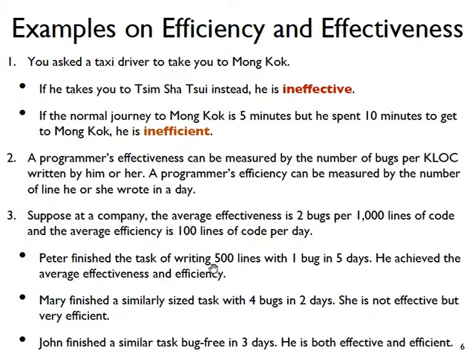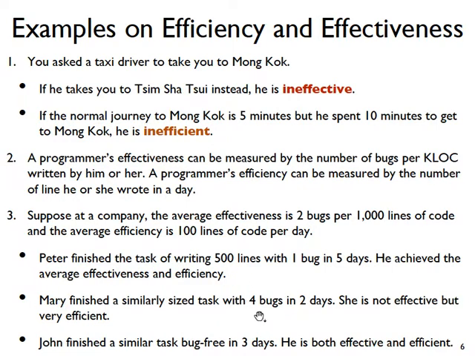If Peter finished 500 lines with $1 in 5 days, 500 lines, $1, so 500 lines is average. If it's $2 per thousand lines, then $1 for 500 lines is also average. So his effectiveness and efficiency are both average.